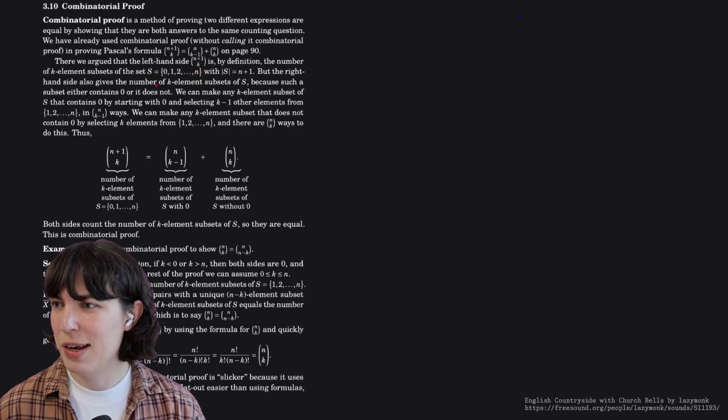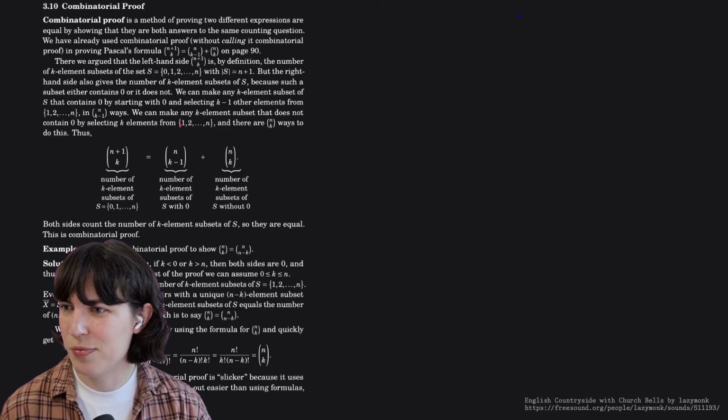I think so. But the right-hand side also gives the number of k element subsets of S, because such a subset can either contain 0 or it does not. We can make any k element subset of S that contains 0 by starting with 0 and selecting k minus 1 other elements from this set in this many ways. We can make any k element subset that does not contain 0 by selecting k elements from such and such, and there are n choose k ways to do this.